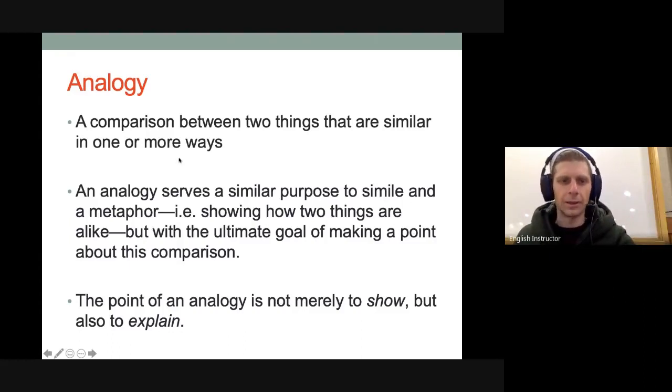Like I said here, an analogy is similar in purpose to a simile and a metaphor. It's trying to draw attention to how two things are alike. But with an analogy, it's about making a point with the comparison. So it's not just that he's as brave as a lion, but we're trying to explain something. We're not showing, but explaining.